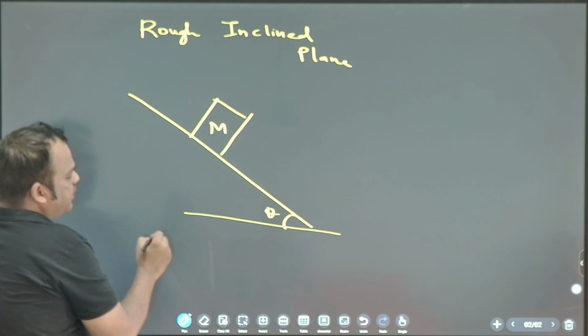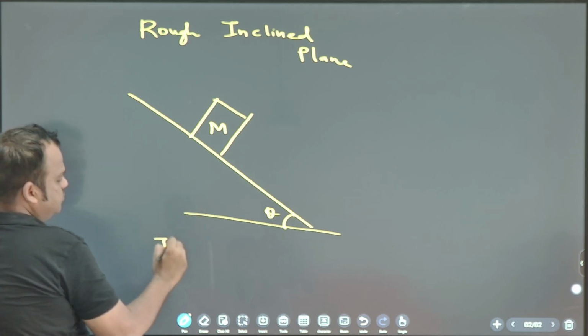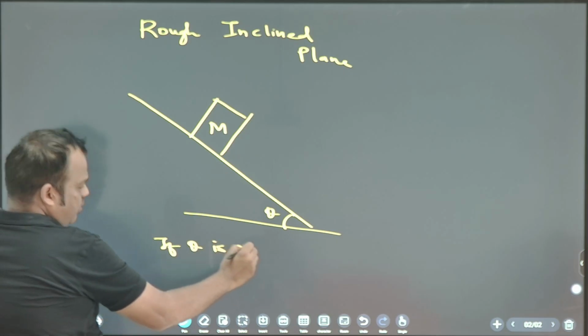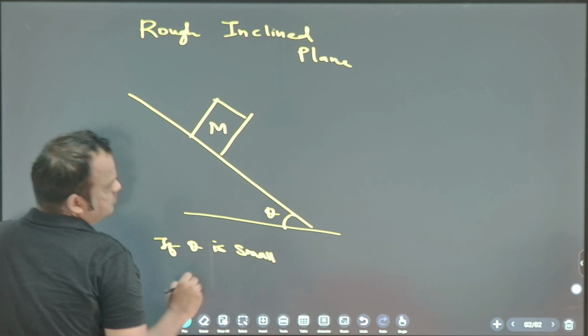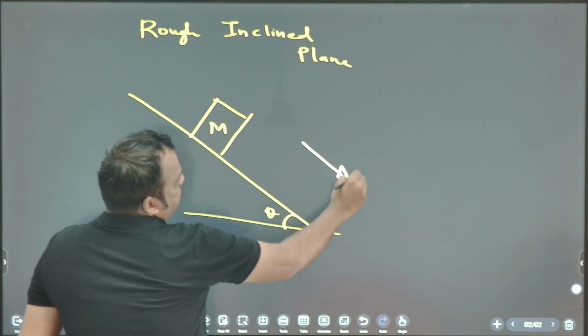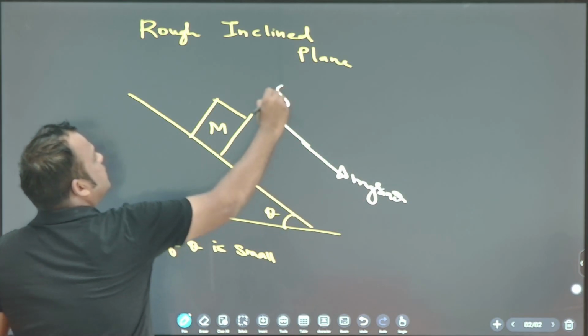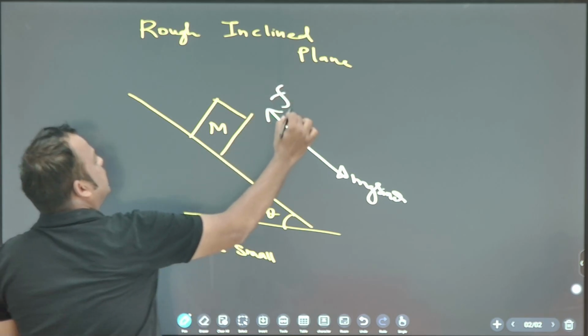First of all, angle of repose we have discussed. If theta is small, then down the plane, what force is acting? Mg sin theta. And up the plane, what force will act? Friction. Correct.